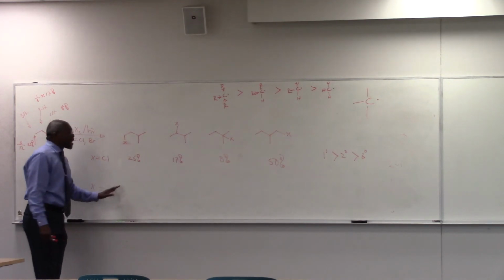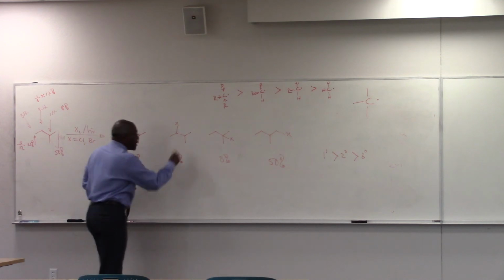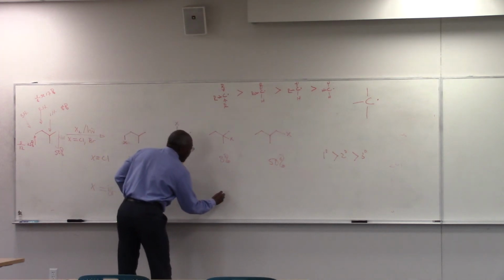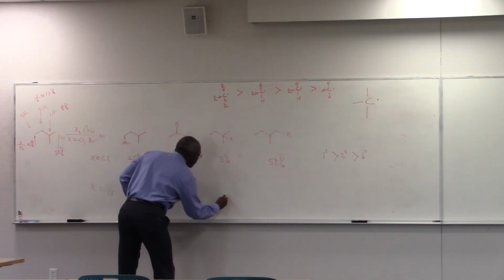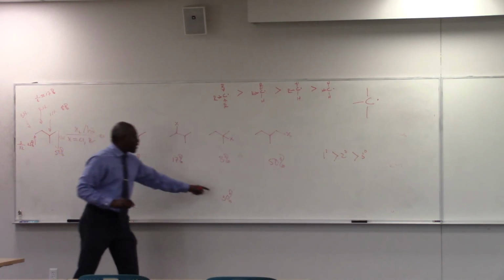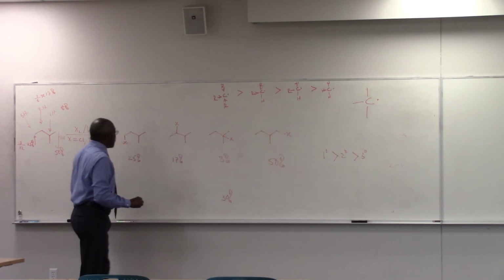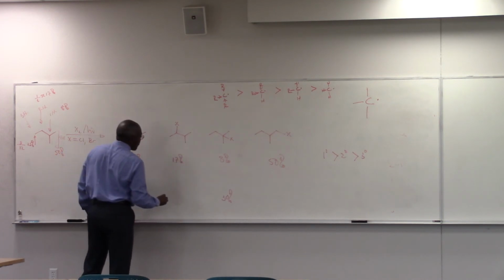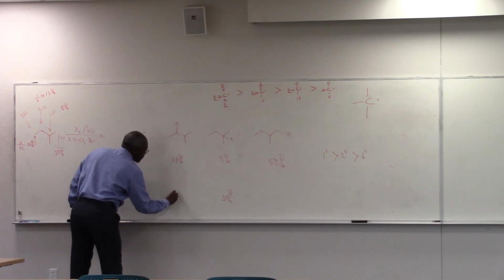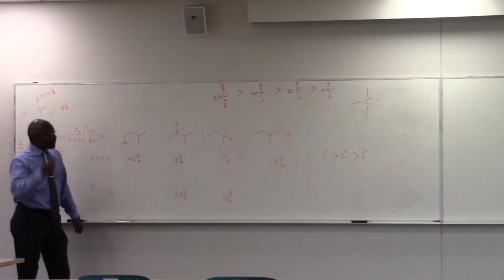So if I were to do the reaction with bromine, which is more selective than chlorine, the bromine would probably give me something like maybe 30% of the product where the halogen goes in the tertiary site. And then I'll probably get, I don't know, maybe 20% of where it goes in the secondary.